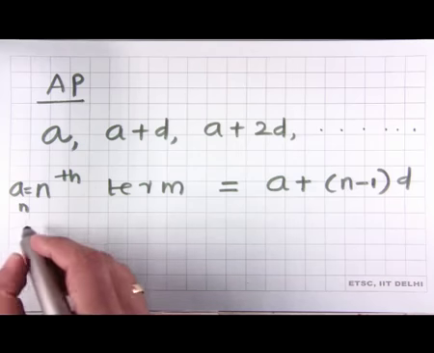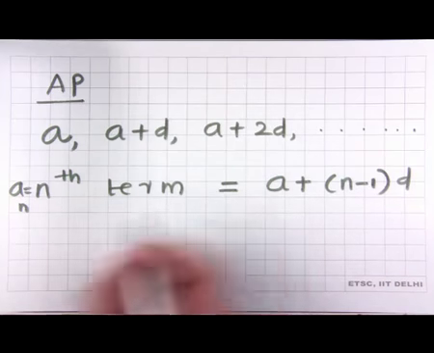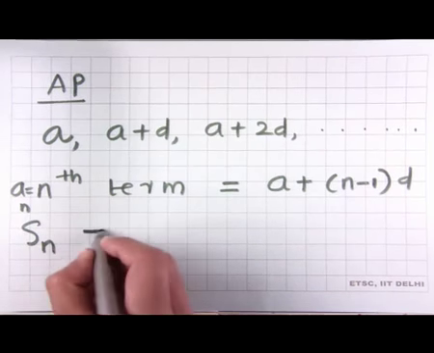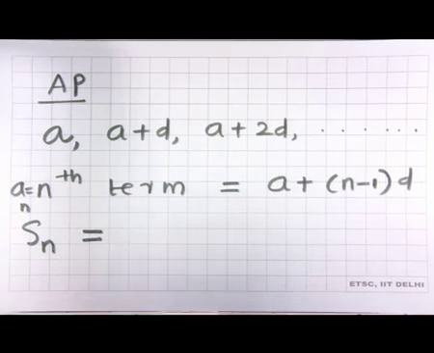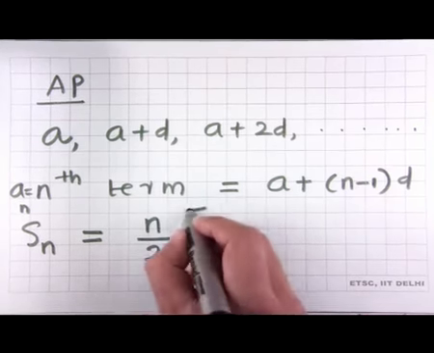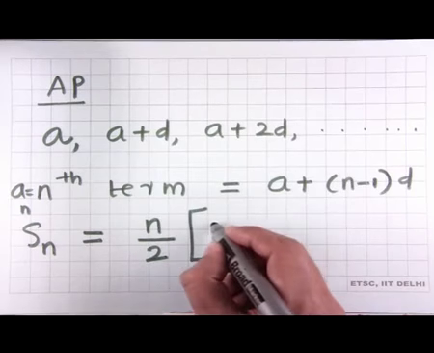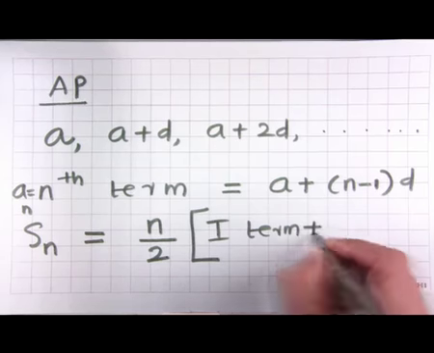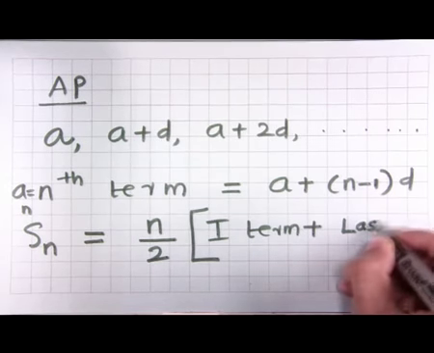And the sum of first n terms of an AP, denoted by Sn, has the formula Sn equal to n by 2 into (first term plus last term), that is, the nth term.